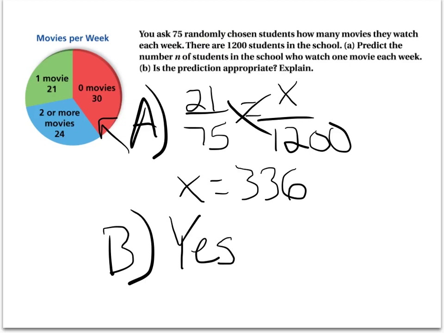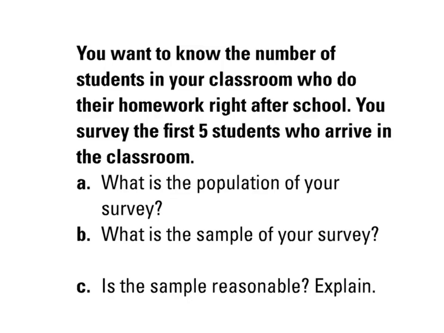I would definitely say yes. I'm not going to write it all out. My explanation would be that our number is fairly high. It wasn't like they pulled 5 people or 10 people. 75 is a lot of people, and the second reason is it was done randomly, and that gives it pretty accurate accuracy.